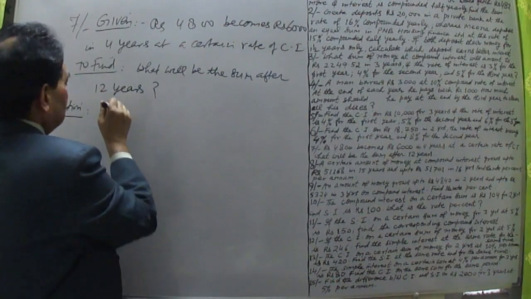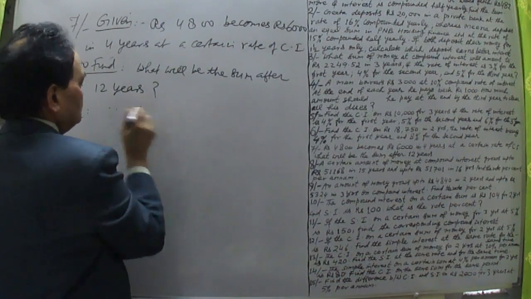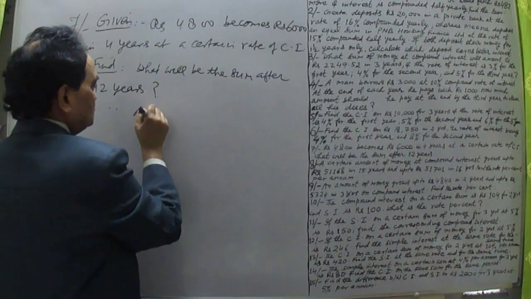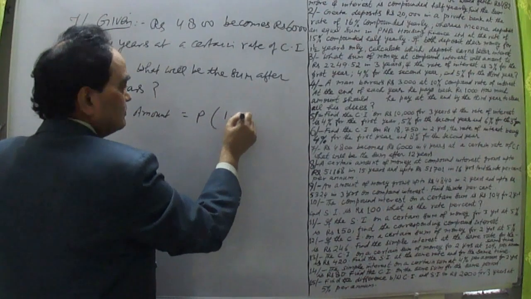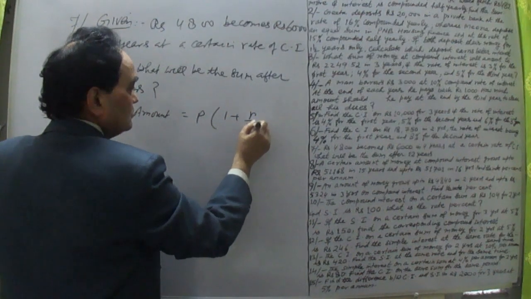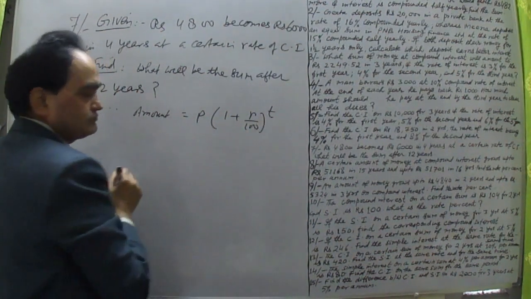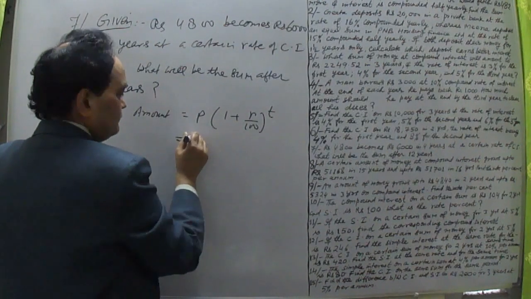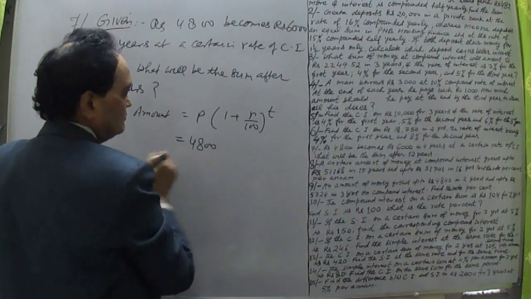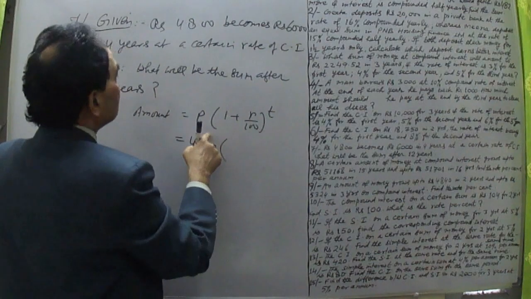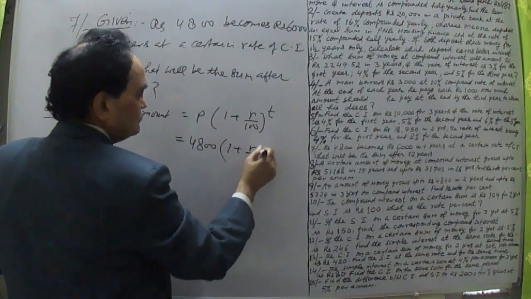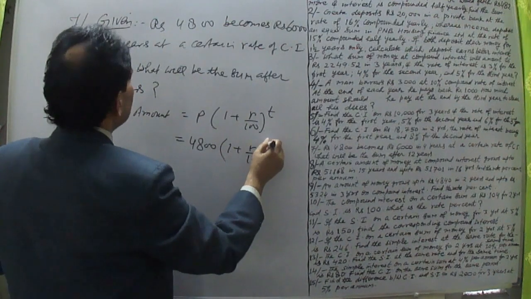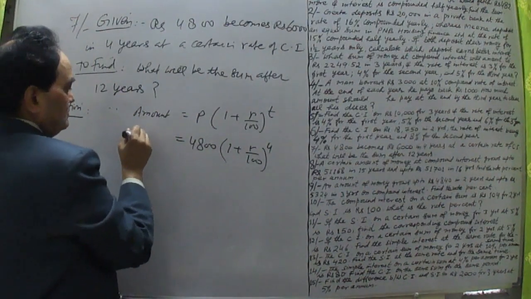We know that amount is equal to P into (1 plus R upon 100) whole power T. Now here P is rupees 4,800, and we are not going to find the rate. In 4 years' time, it becomes 6,000.